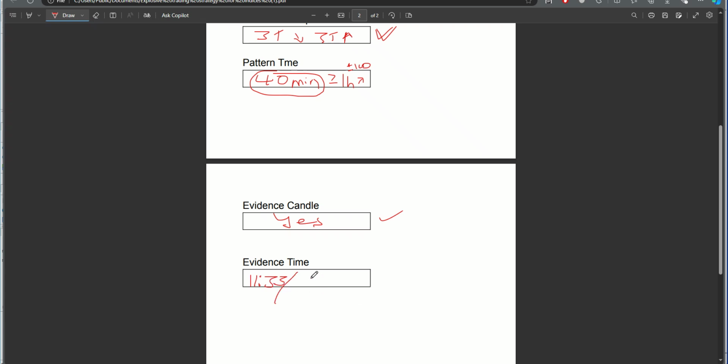If it's at, let's say, 10:52, 10:50, 10:57, this is a good trade. Why? Because it's in between 5 minutes before and 5 minutes after the 11 o'clock mark, and this one is 3 minutes after.